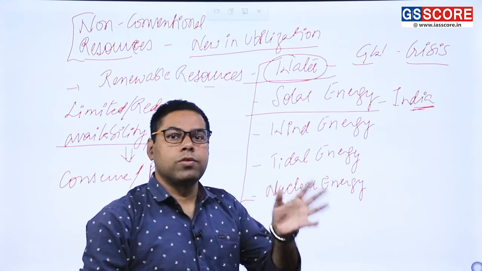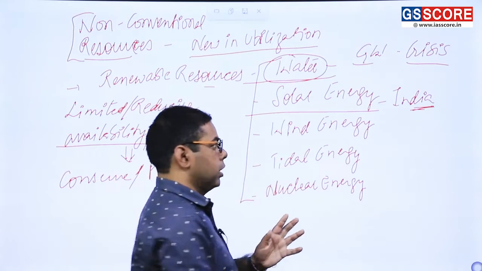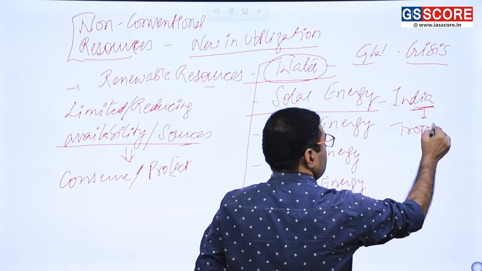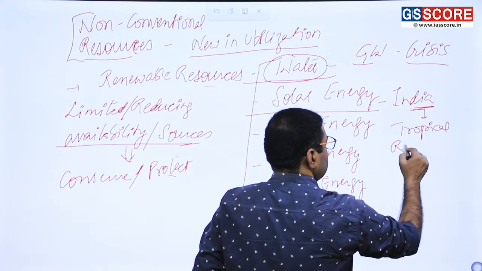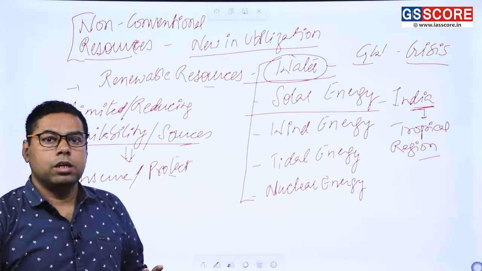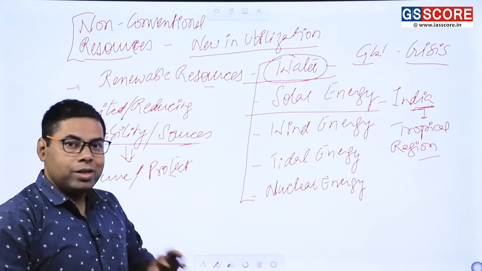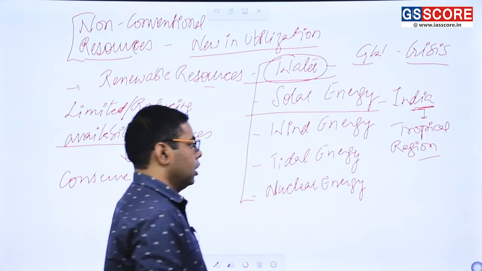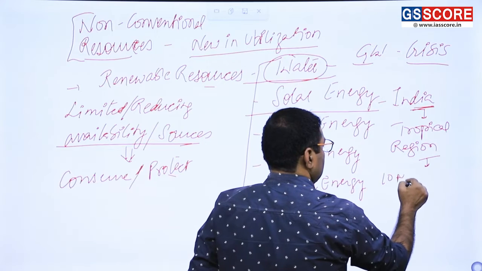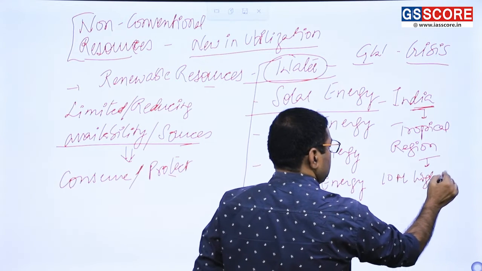Why? You have to go for the basic geography concept: India lies in the tropical region, where for 9 to 10 months of the year there is abundant sunlight, or high sun.